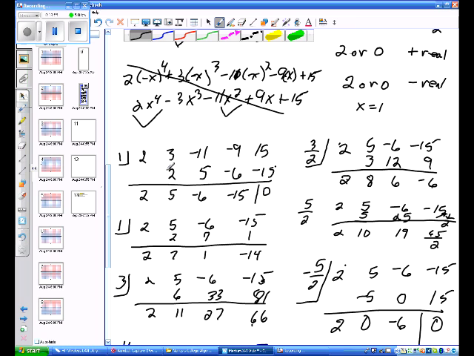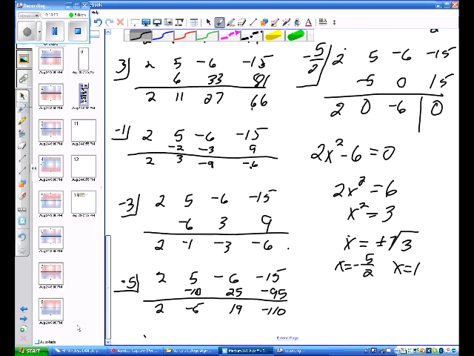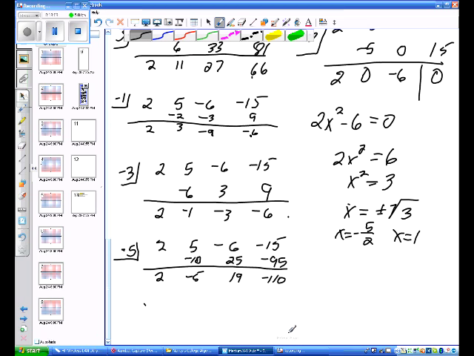And if you looked at what we had left, we have 2x cubed plus 5x squared minus 6x minus 15. So let me just write that down. We had 2x cubed plus 5x squared minus 6x minus 15 equals 0. Well, it just happens we've got a polynomial, but we could factor by grouping.